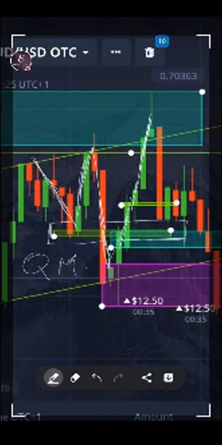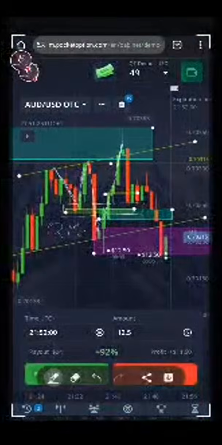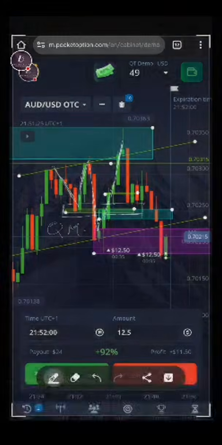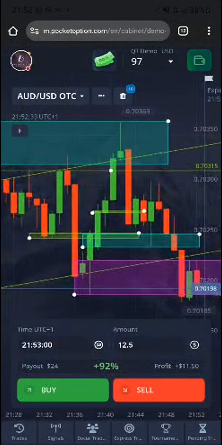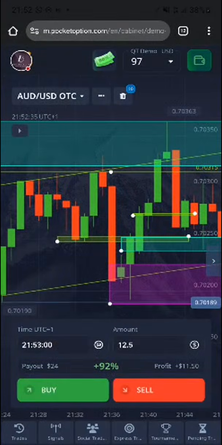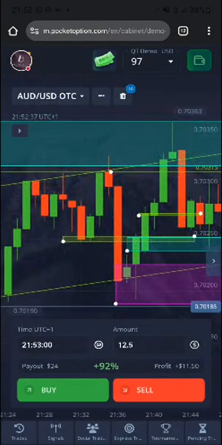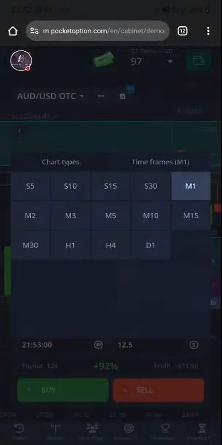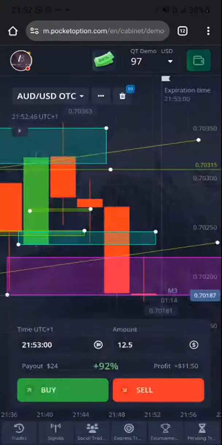Anytime you see a QM, the first thing you need to do is go to a higher time frame. We're currently on M1 now. You go to a higher time frame, M3. We are looking for an engulf.